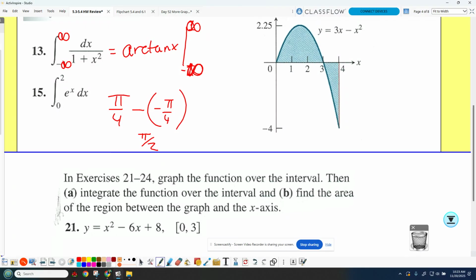But what angle makes tangent infinity? Is tangent undefined anywhere? Here's what arctan looks like. What are its limits, pi over 2 or negative pi over 2?